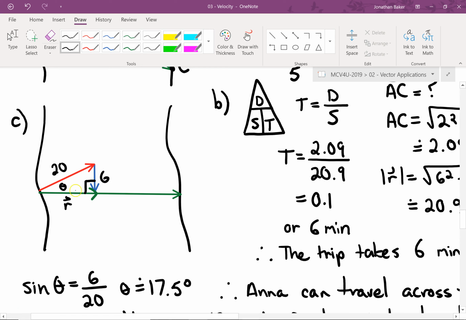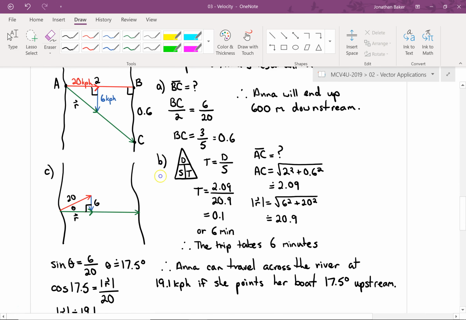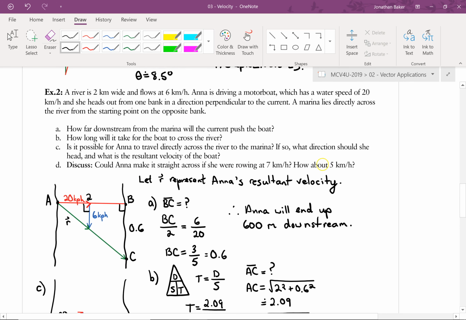So it should make sense as well that if she can't go faster than the current, there's no way she could completely counteract the effects of the current. And you're going to see that in the assignment as Indiana Jones drifts downstream. You're going to have to think about whether or not it's possible. So in other words, she could make it across if she were rowing at 7, but 5 would be impossible.